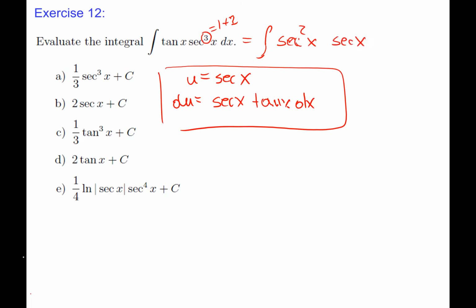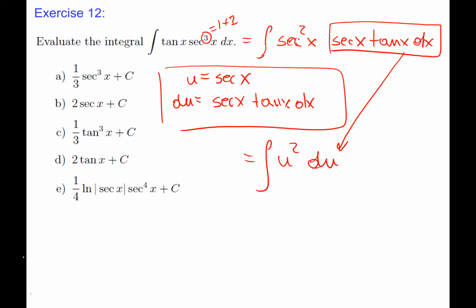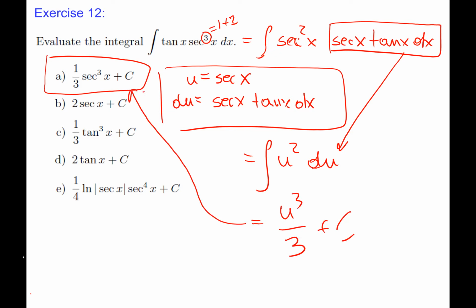I can just say u squared du. Yeah, because this is du and secant was. What's the final answer? A, B, C, D, or E? It's simply this, yeah? Because we will have u cube over 3, and this will give me secant cube of x over 3. Excellent. You see how nice integrals?